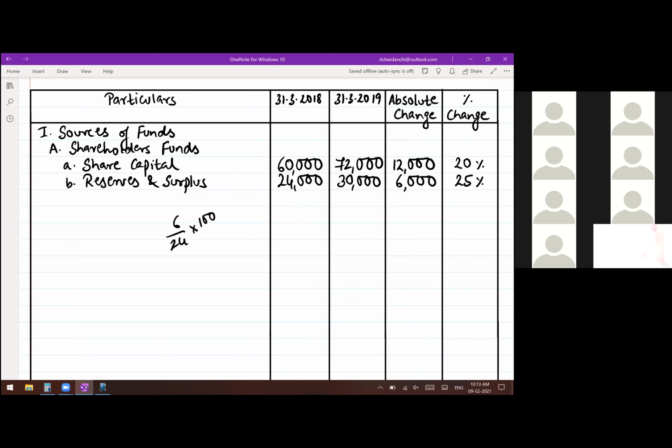There is borrowed funds in the form of loan. So below that, point number B, borrowed funds. Write down below that, loan for 2018, 34,000, and for 19, 57,000. Calculate and tell me absolute change. 23,000.